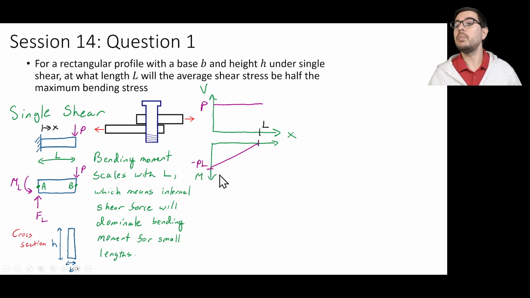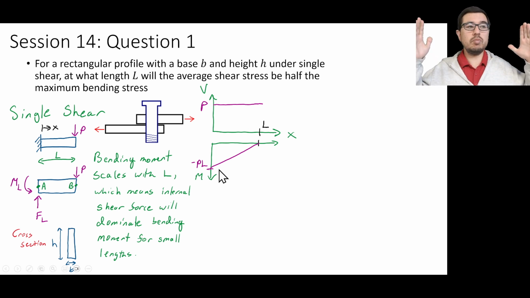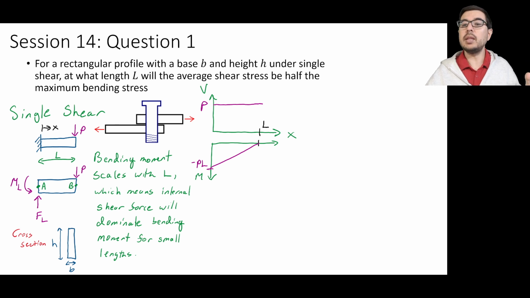a smaller magnitude. So at some length, the bending moment becomes a higher contributor to the stress that would cause failure than this shear force, for which we can think of an average shear stress that would also potentially cause failure.